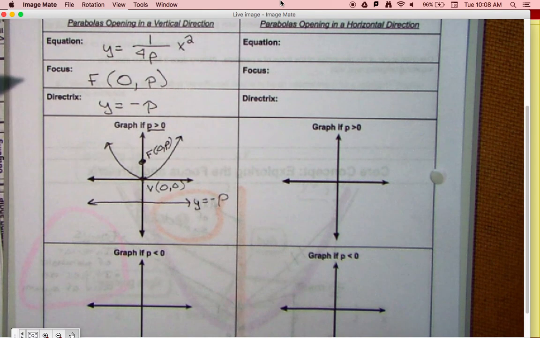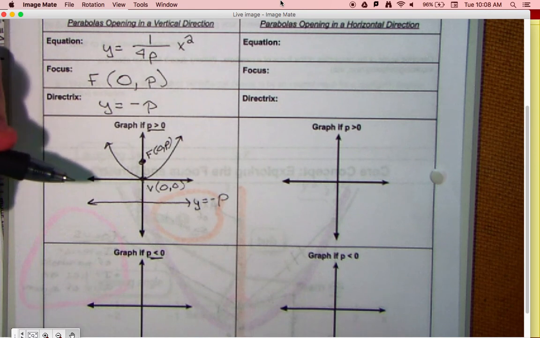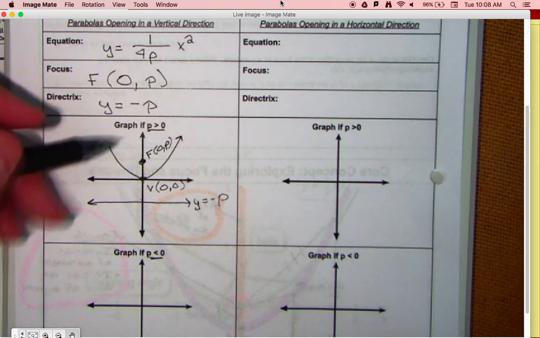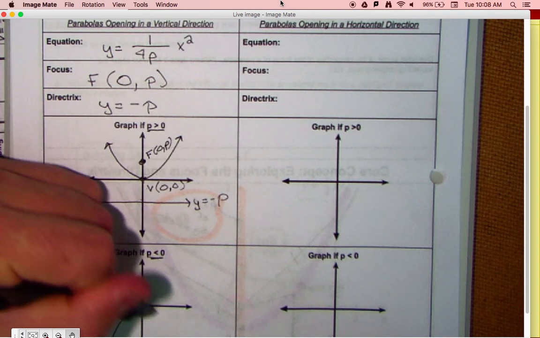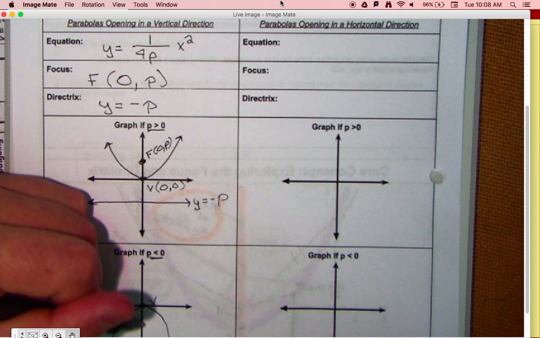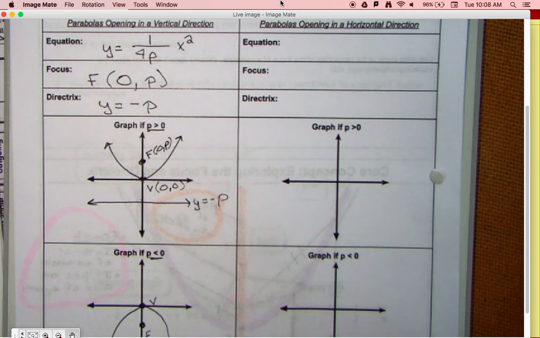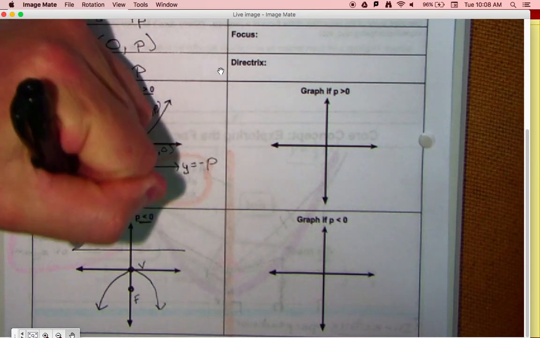So whatever this distance is, this distance, and we just say y equals negative p because we're going in the opposite direction. Okay. If p is less than 0, which means p is negative, we basically take all this stuff and we flip it around. So my vertex goes down. This is still my vertex right here. My focus comes down here. Whoops, you can't see that, can you? Sorry about that. And my directrix comes up here.